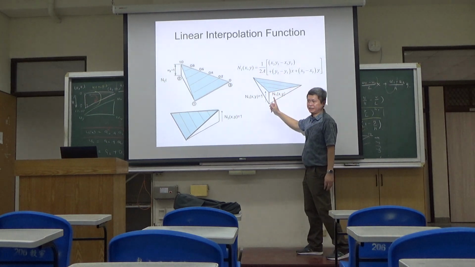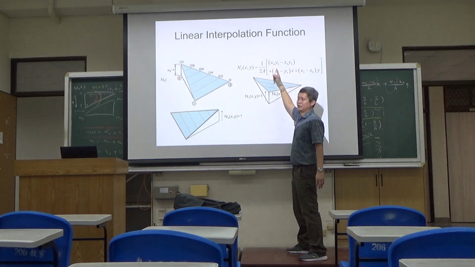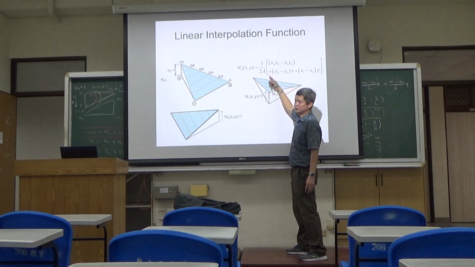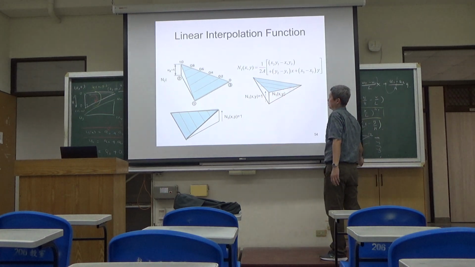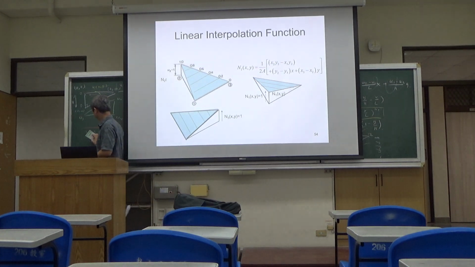Please bear in mind, these coefficients are independent of node 1. Let's try to understand the shape function now.